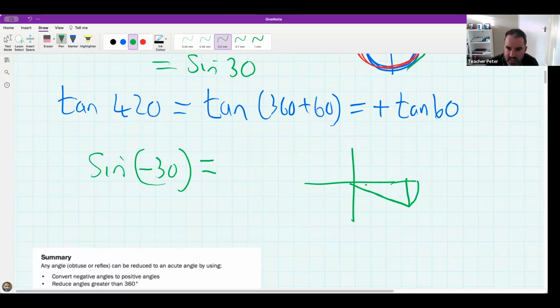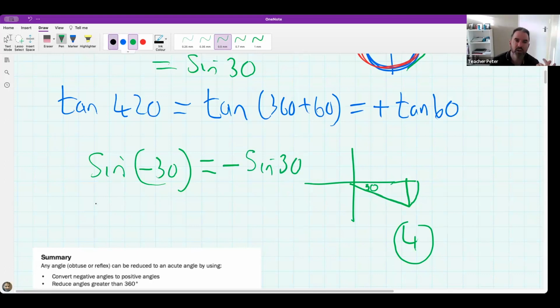And the size of the angle is going to be 30 because it had to go 30 degrees in that direction. In this quadrant, is sine positive or negative in quadrant 4? So I'm saying sine of minus 30 is negative. So when we rewrite this, we say, look, this thing must be negative, and then we can write it with a positive angle as minus sine 30.